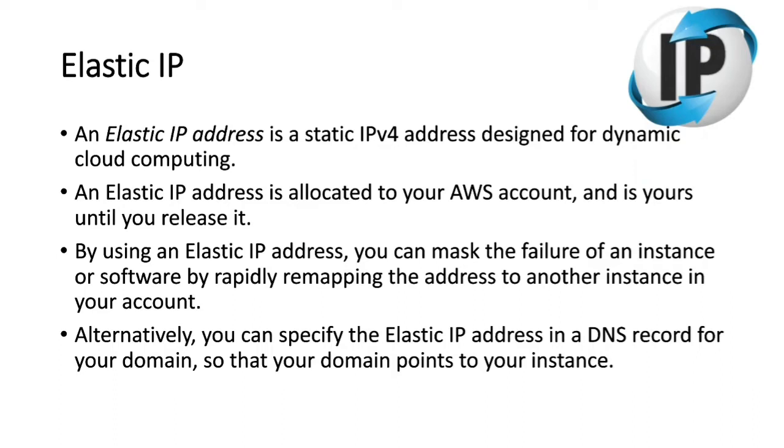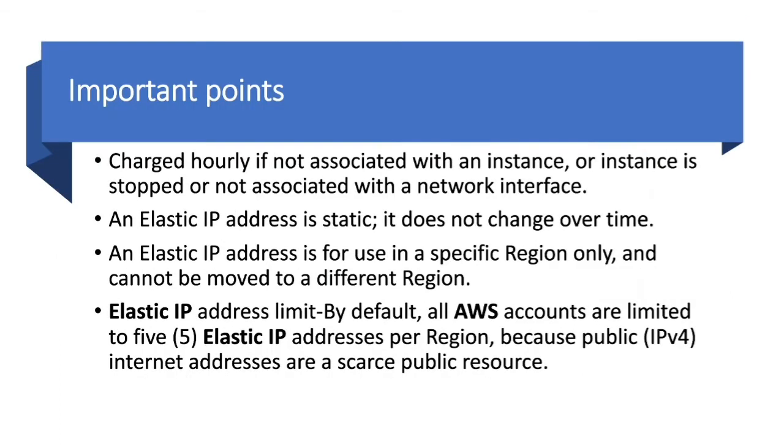So that is the issue which we studied right now associated with our EC2 instances, so we came up with the concept of elastic IP. Now there are certain important points of elastic IP addresses that you need to remember. When you associate your instance with the elastic IP, there is no charge.